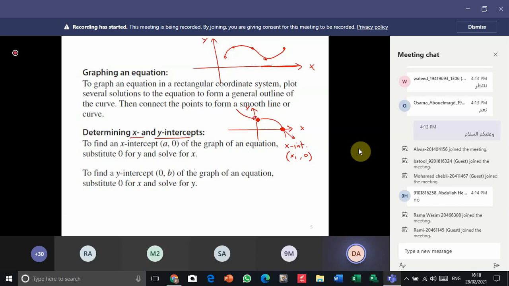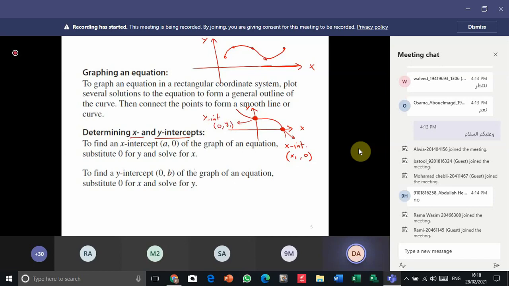Also, we have another point, the intersection between the y-axis and the curve. This is called the Y-intercept, and always at the y-intercept the x coordinate equals 0, so the point is 0 and y1.